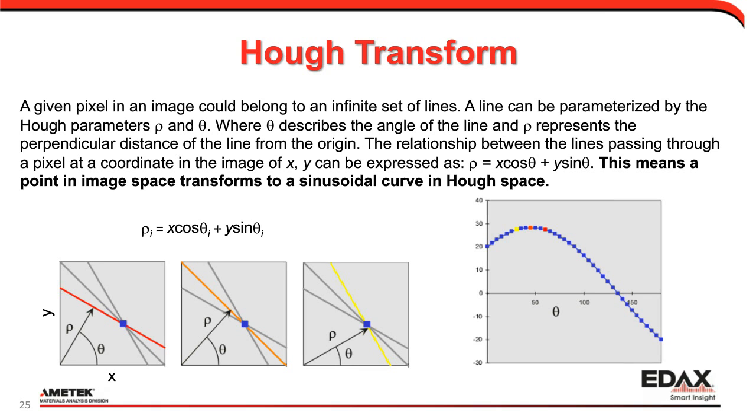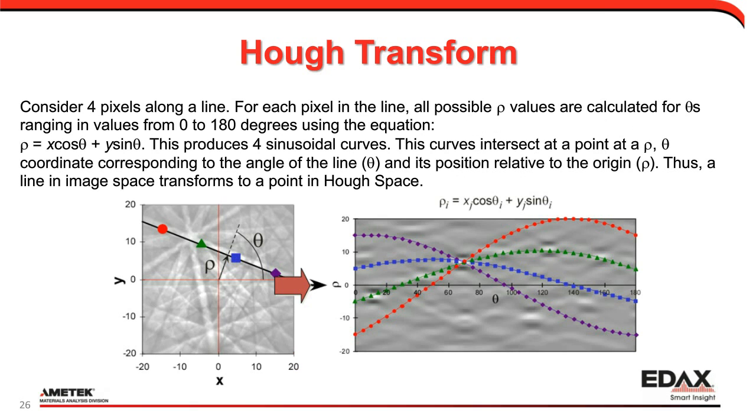And so for any given point in XY space, there's a curve that corresponds to all the possible lines passing through it. And then if we go to an image where we now take a line in XY space and we put a number of points along that line, each point, of course, has a curve associated with it.